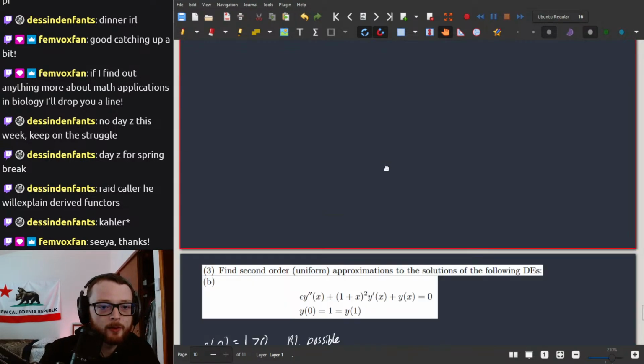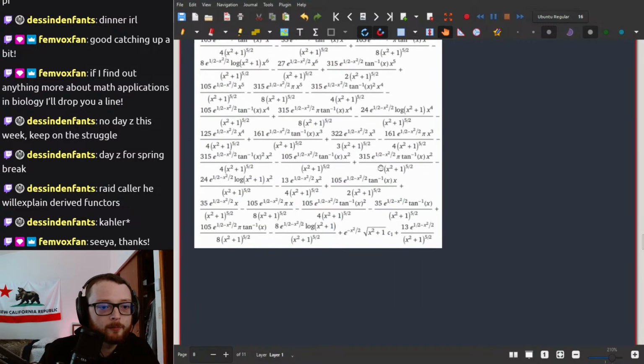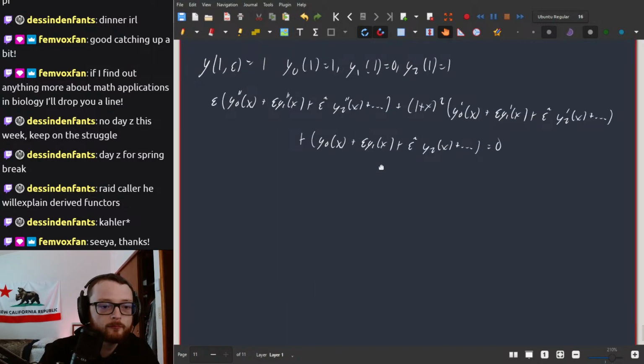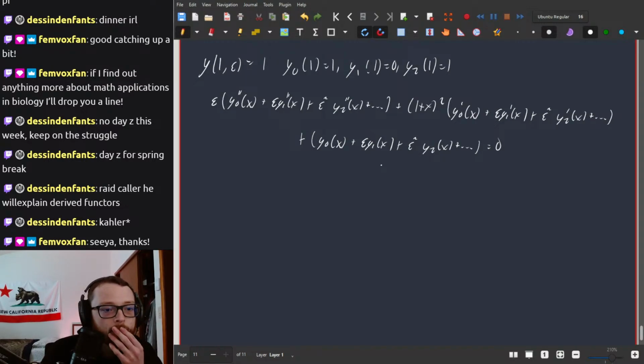This one is way easier than the other one, isn't it? Oh no, I think it's about the same. I don't know. And then we want to equate coefficients based on epsilon.